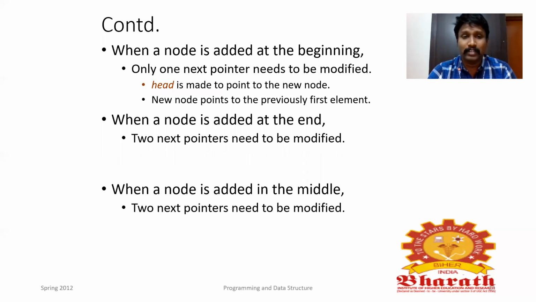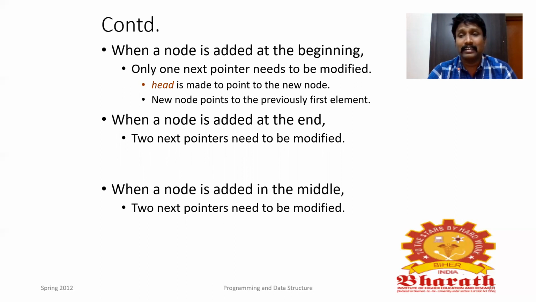Next, when a node is added at the end, two next pointers need to be modified. In the previous case, since the new node was added at the beginning of the list, only one pointer changed.